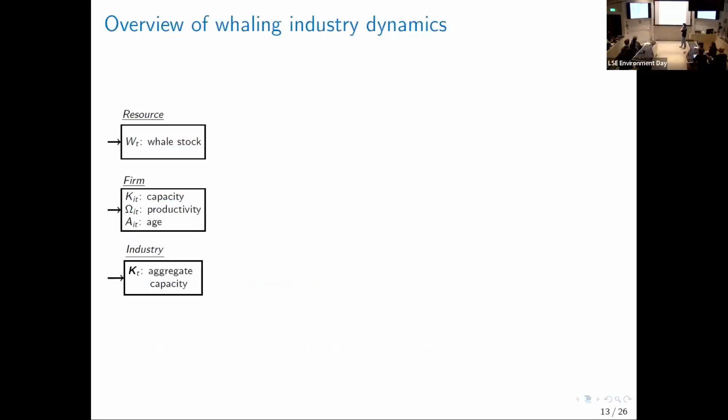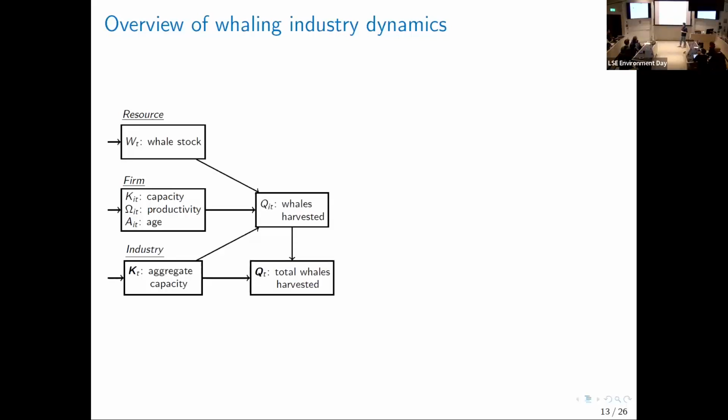At a very high level, I'm going to relate the individual-level state variables to their decisions, and also the industry aggregate state and resource structure. At the beginning of every period, firms have their individual state: vessel capacity, productivity, and firm age. Then based on all the aggregate information, they make output, which is measured by the number of whales harvested.